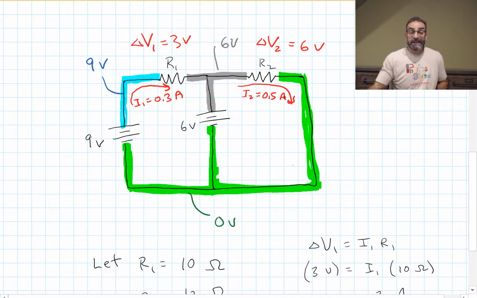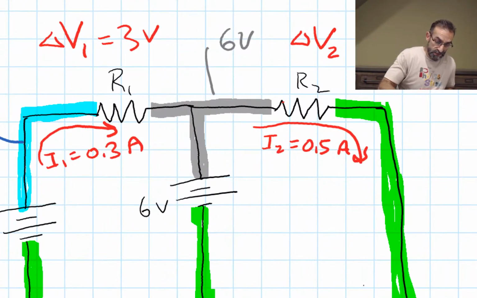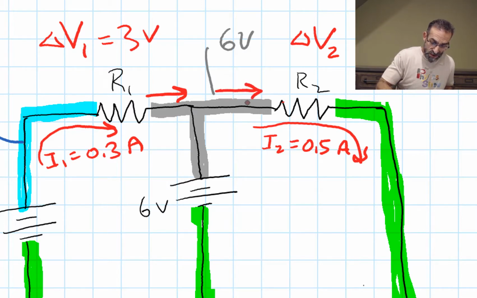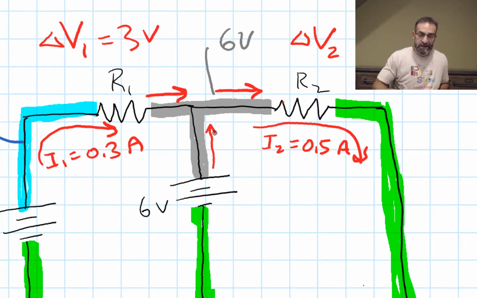We've got 0.3 amps coming in from R1 into this junction. We've got 0.5 amps going out of that junction towards R2. So what must be coming up the middle path? 0.2 amps. That makes up the difference. I'll call that I3.